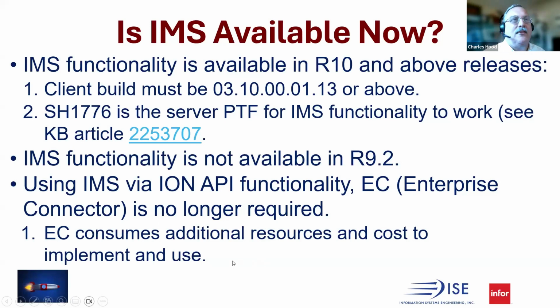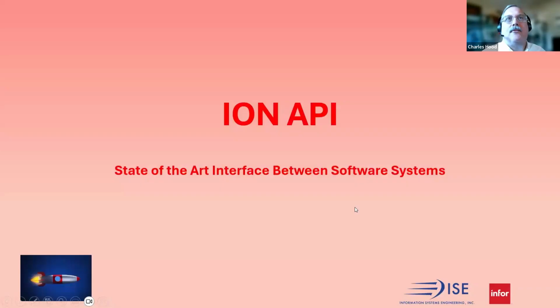The enterprise connector consumes additional resources. It has to be on its own virtual server, and there's a cost to implement and use. All that is no longer required with IMS.